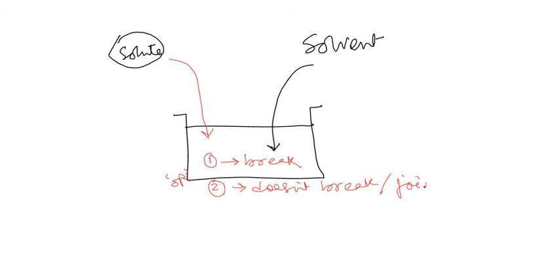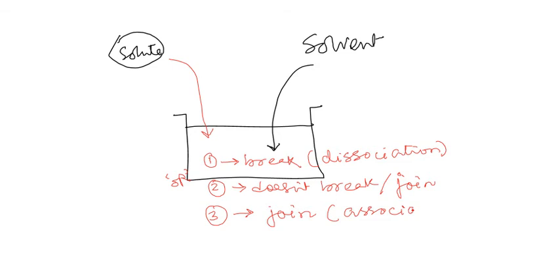In the third case, it may possibly join. If it breaks, we say that the solute has got dissociated, so that means there is dissociation. But if it joins, we call it association.